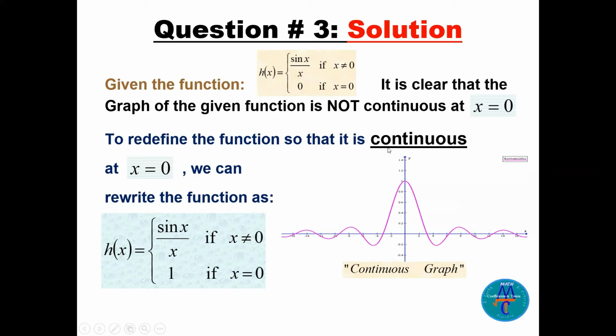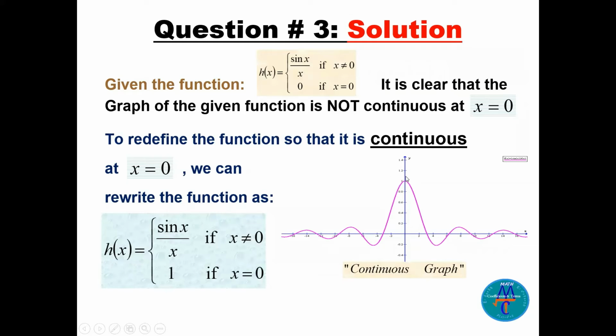To redefine it so that it is continuous, we can write the function like this. H of x is sine of x over x if x is not 0. H of x is 1 if x is 0. So instead of having 0 here, h of 0 is 1. See, it was here, the point, and there is a hole here in the graph, if you remember.